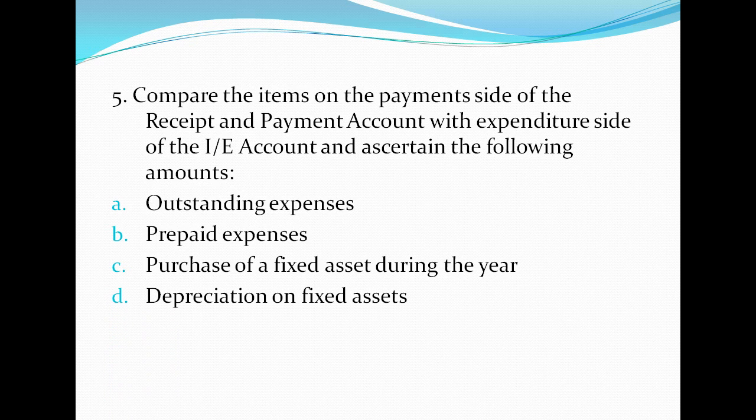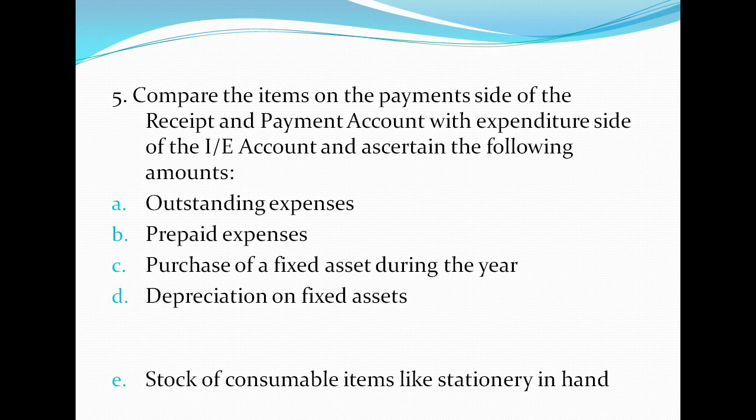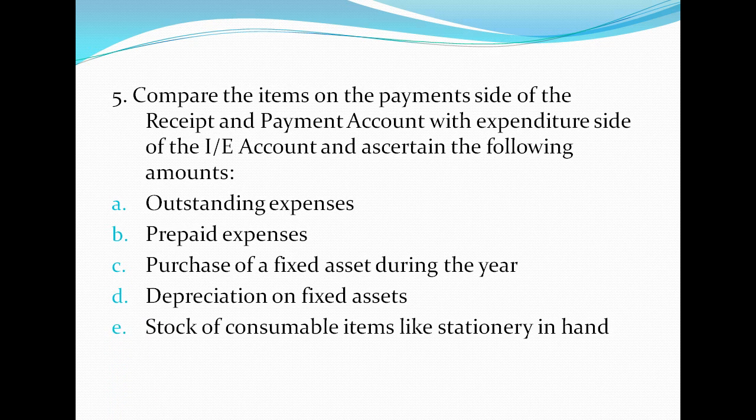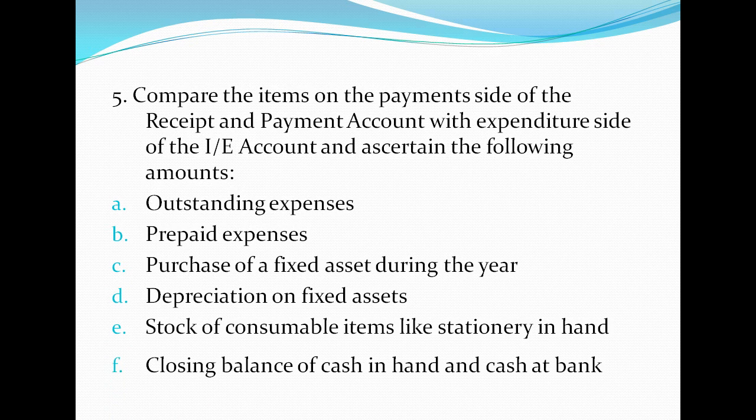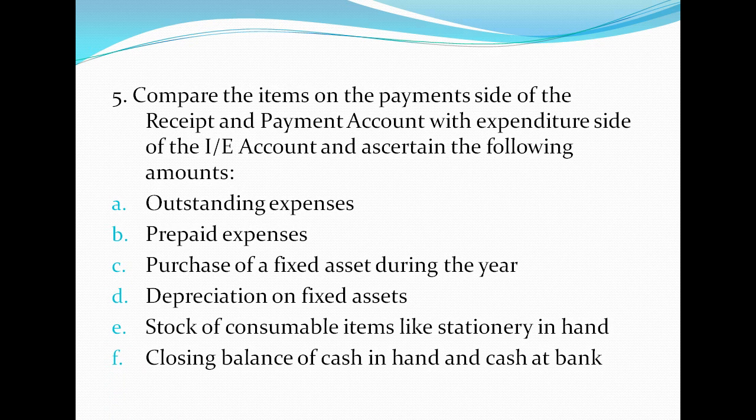All these adjustments are to be taken care of while preparing the income and expenditure account as well as the balance sheet. Stock of consumable items like stationery in hand should also appear. Closing balance of cash in hand and cash at bank must be shown on the asset side of the balance sheet.